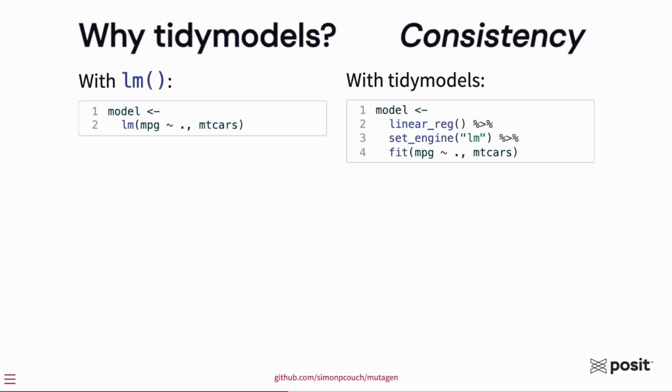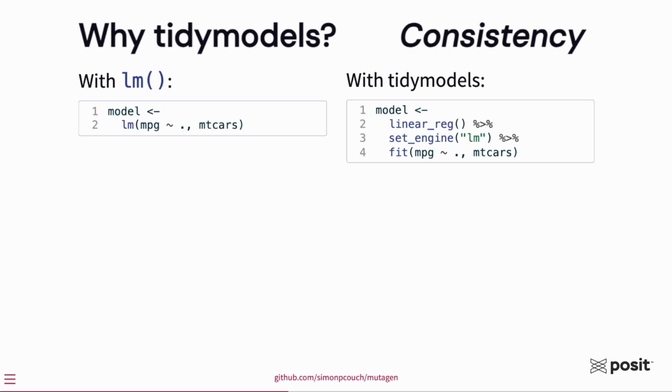The code reads, we'll use a linear regression using the LM function as our computational engine, and we'll fit that model using the same dataset and the same pre-processing formula, miles per gallon as a function of everything. So when you see this, you might think, it seems a whole lot easier to just go ahead and use LM. It's only one line of code, and I hear you.